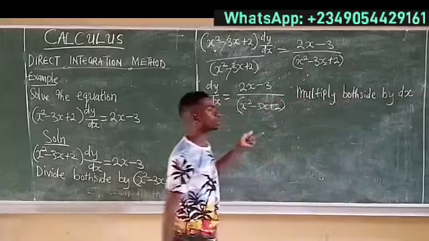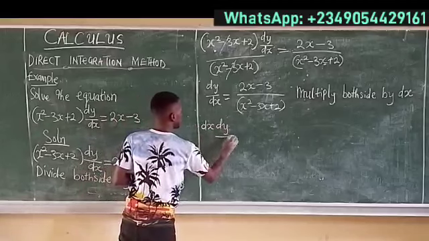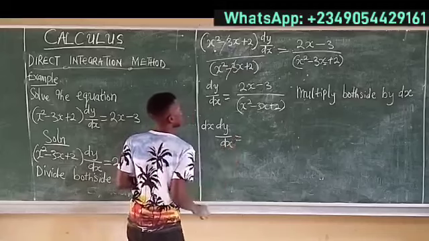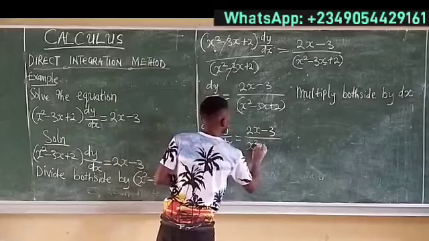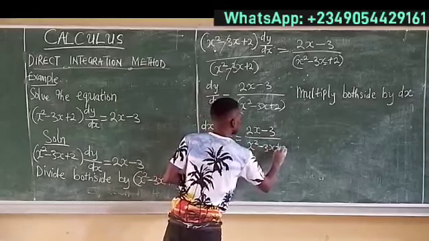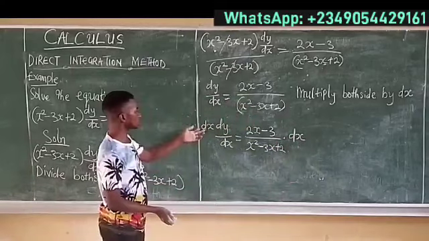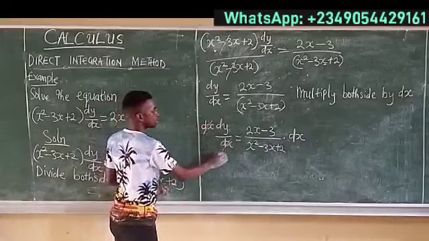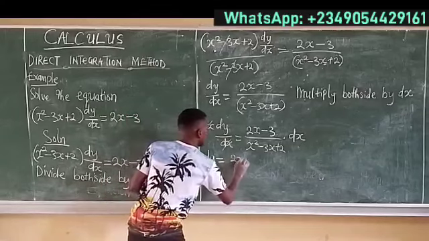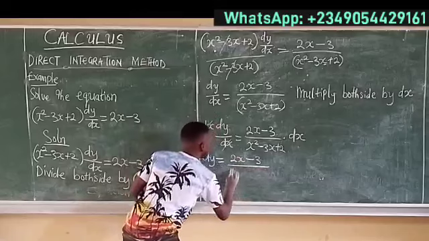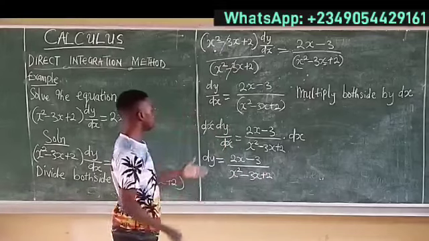Multiplying both sides by dx, we have dx times dy over dx, which is equal to 2x minus 3 over x squared minus 3x plus 2 times dx. Therefore, the dx here can cancel out the dx here, and we will be left with dy equal to 2x minus 3 all over x squared minus 3x plus 2, then our dx.